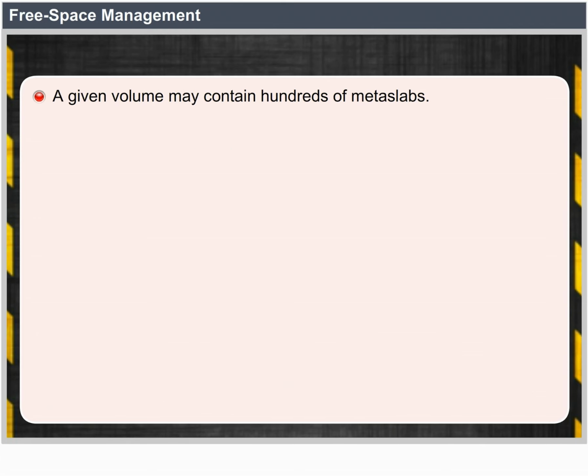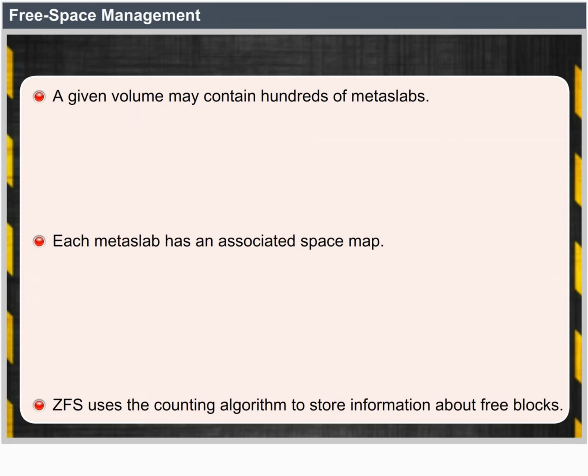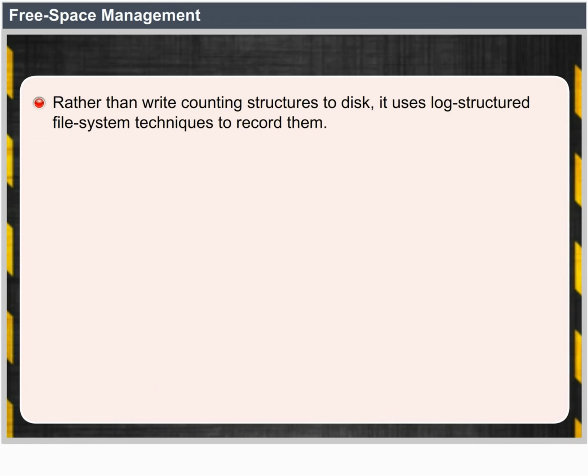ZFS uses the counting algorithm to store information about free blocks. Rather than write counting structures to disk, it uses log-structured file system techniques to record them. The space map is a log of all block activity, allocating and freeing, in time order, in counting format.